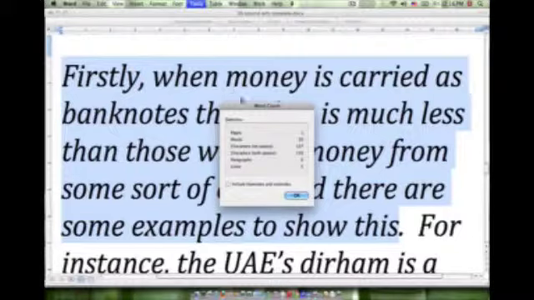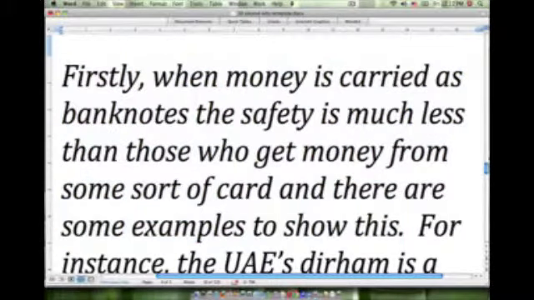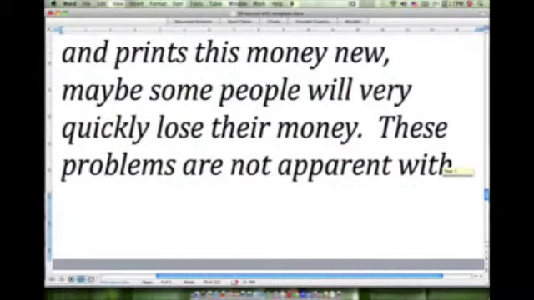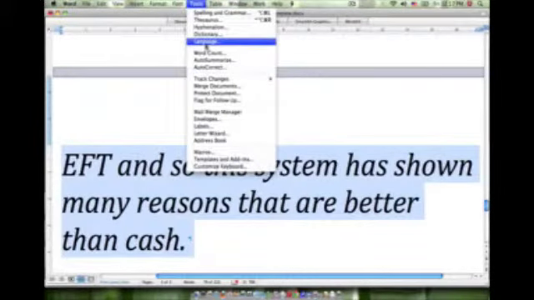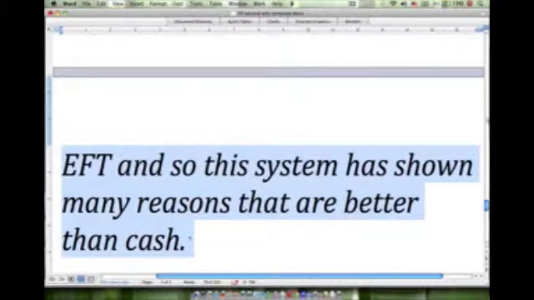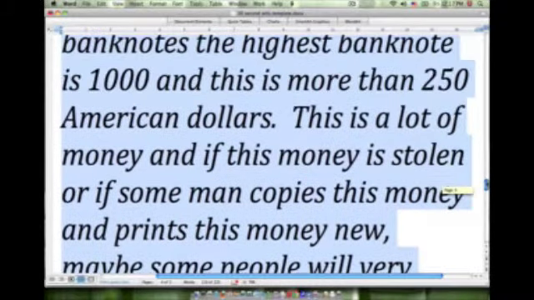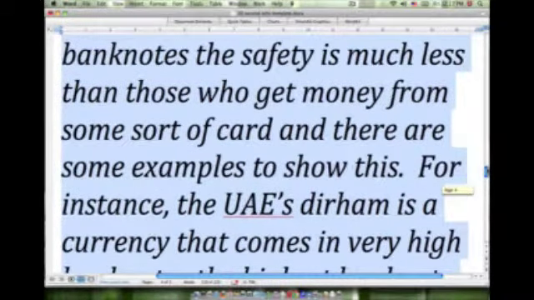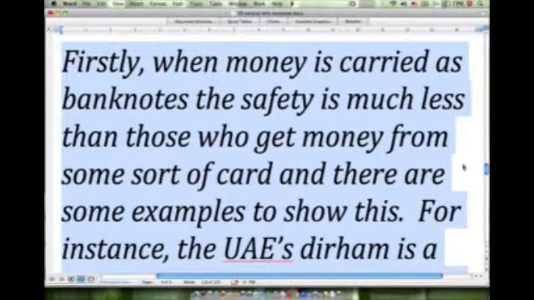In this one sentence alone, there are 30 words. Just for argument's sake, I'm going to check to see how long this paragraph is. The paragraph is 110 sentences, which is almost half the length of your essay. Much too long. Sorry, 110 words, not sentences.